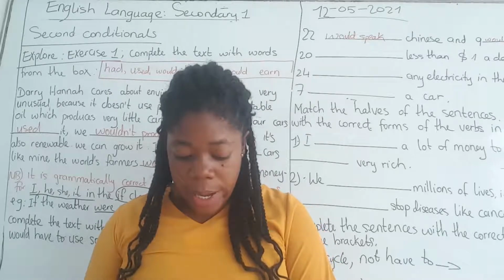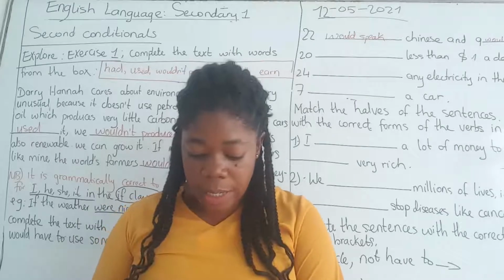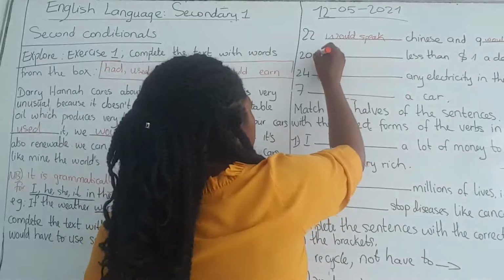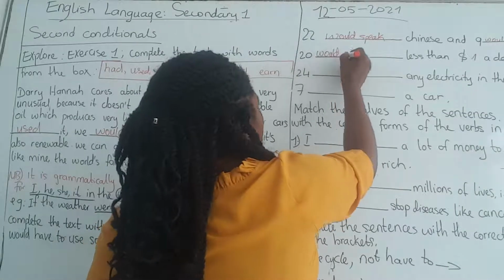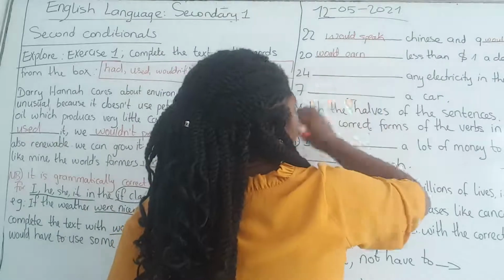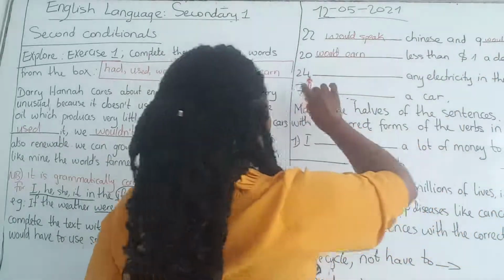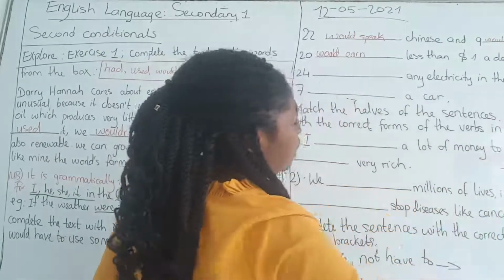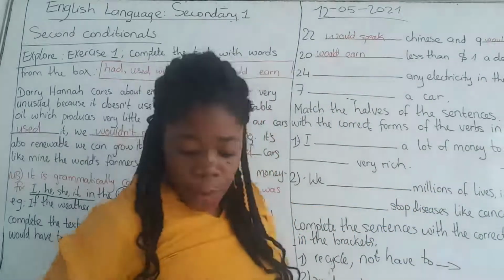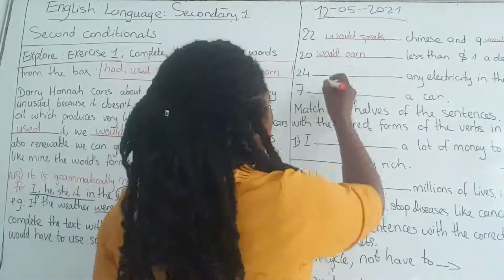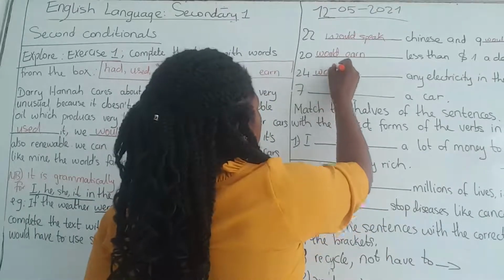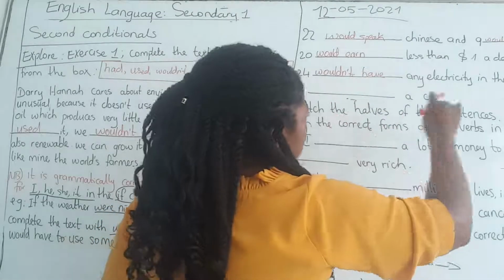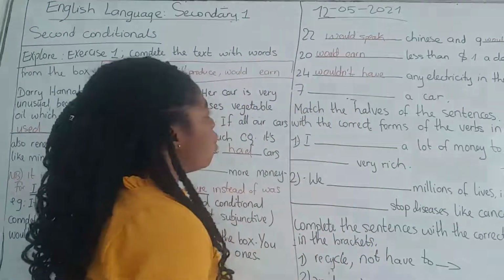No, 20 would earn less than $1 a day. 24 wouldn't have any electricity in their homes.